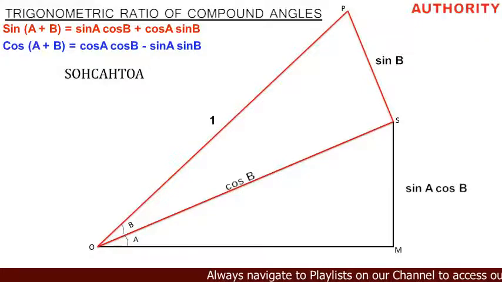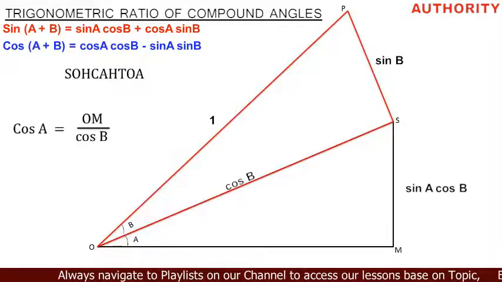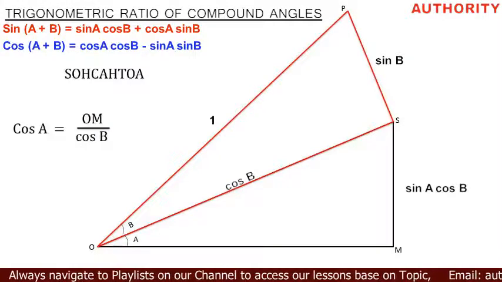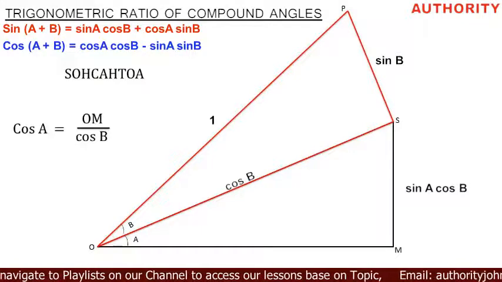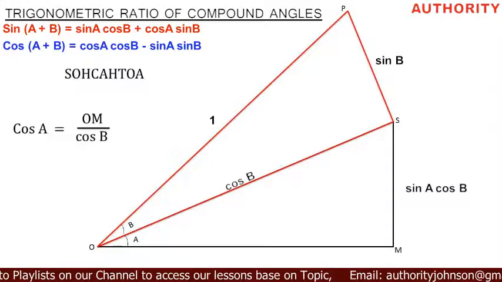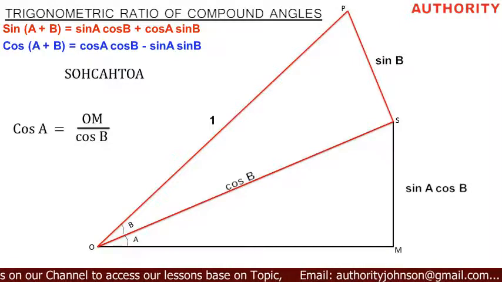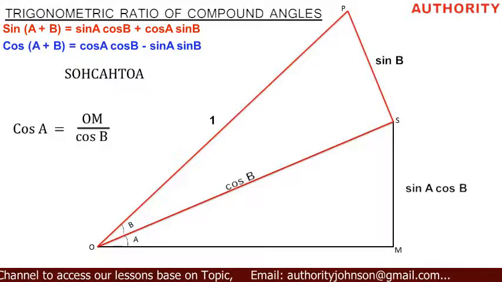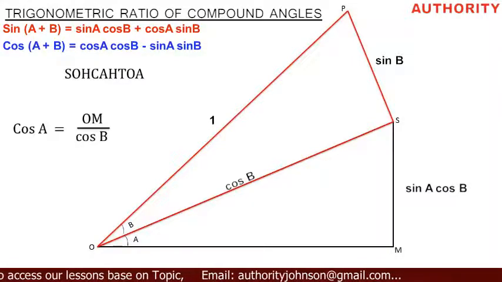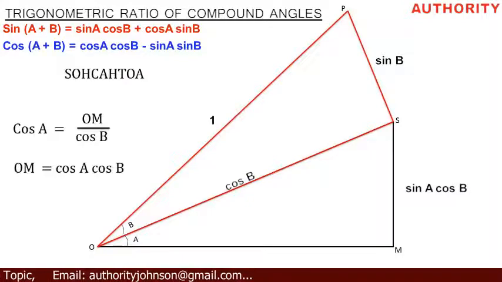Now let's use cosA. So cosA is adjacent all over what? Hypotenuse. Our adjacent is OM, which is what we are looking for, all over our hypotenuse, which is cos B, in triangle OSM. So looking for OM, let's make OM the subject of formula.